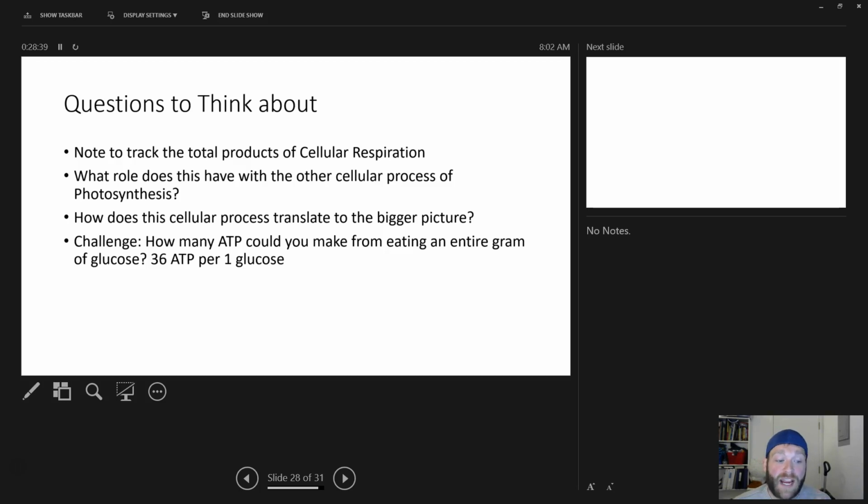A gram is like not even very much sugar in your coffee, basically just a sprinkling. I want you to think about how much energy am I actually producing, just to get an idea of the relative amount. Again, I recommend making sure you track the products of each of the steps and that you know the order of the things that are happening, and we will talk about it more later. All right, enjoy.